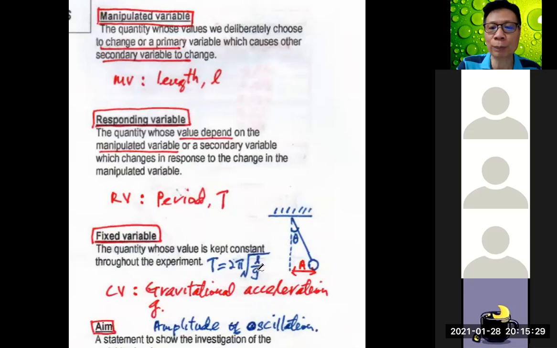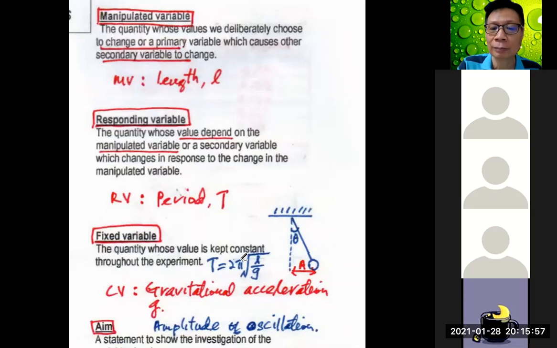The scientist has proven that the period of oscillation of a pendulum is only affected by the length of the thread and the gravity, whereas the mass of the pendulum bob does not affect anything. That's why in the formula there's no mass here. Pi has no effect because pi is a constant. Constant will not affect anything because it is fixed, right?